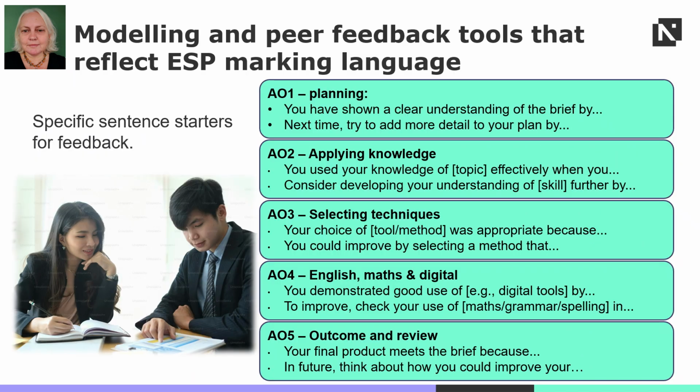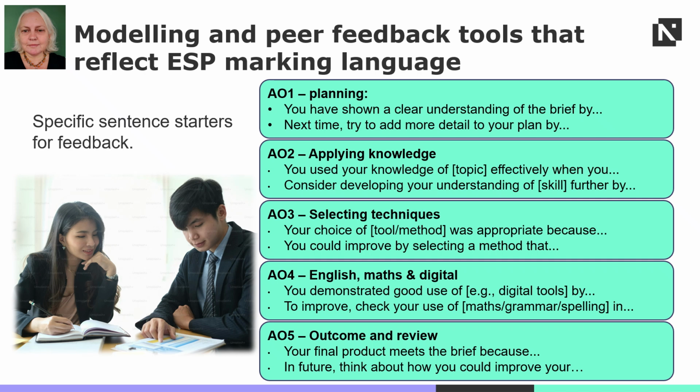Now looking at how we can use peer feedback tools to improve students' understanding of the ESP marking language. So once the students have used the marking grids and decided on a marking band for a piece of work, they could use some specific sentence starters to help them to identify the strengths and the areas for development for a task.